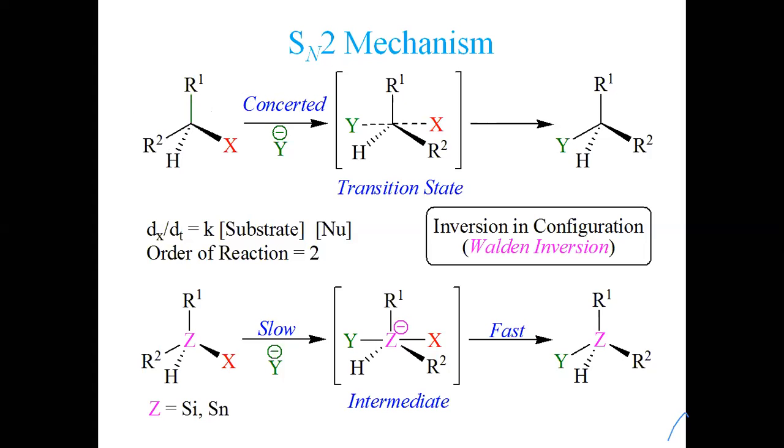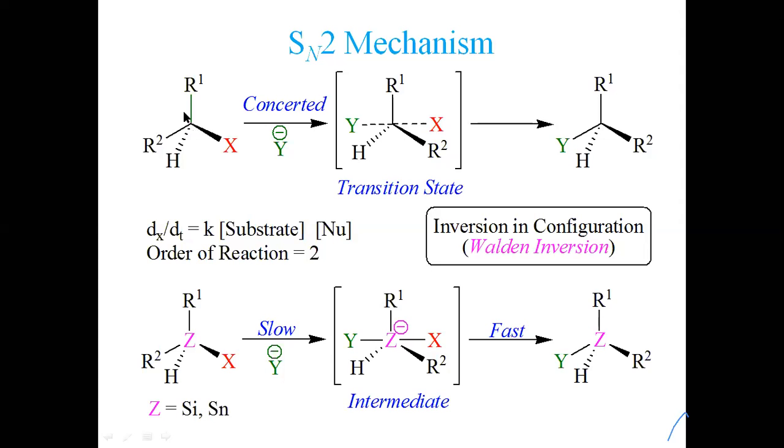Various parameters are there. We shall discuss the factors which affect SN1 and SN2 in upcoming lectures. Anyhow, you should focus: SN2 mechanism always proceeds with inversion in configuration. Primary carbon always undergoes 100% SN2 mechanism.